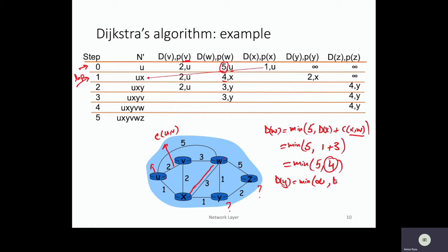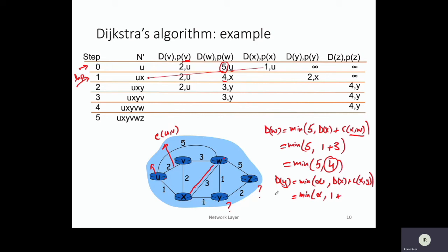Yes, X has been added, so the cost to reach X, and then the cost to reach from X to Y. So we have to select the minimum of either infinity, or the cost to reach X, which is 1, plus the cost to reach Y from X, which is 1.